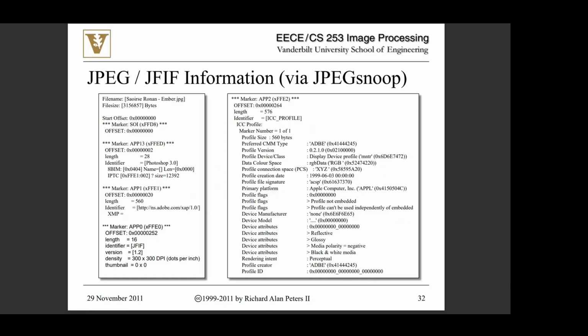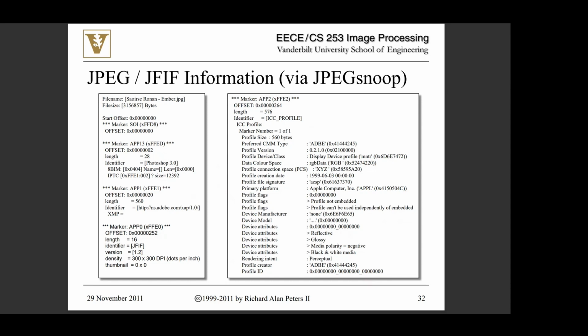Then if you look at the file, you see the first 2 bytes, at an offset of 0 with respect to the beginning of the file, are FFD8. Then the next 2 bytes are FFED, that is APP13.